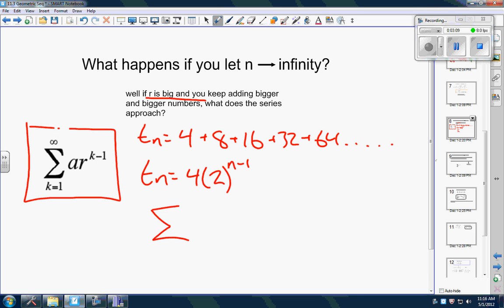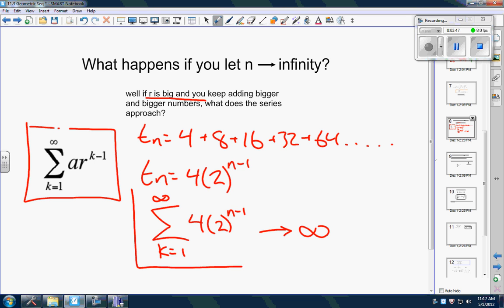So if we sum this thing up from n equals 1 to infinity of 4 times 2 to the n minus 1, what's going to happen? 4 plus 8 plus 16, we're starting to get bigger and bigger, but eventually you're doubling 1,000, you're doubling 2,000, you're doubling 1,000,000. We would say this goes to infinity. Think of it as money. If you get $4 plus $8 plus 16, keeps adding, eventually you're going to have infinite dollars.